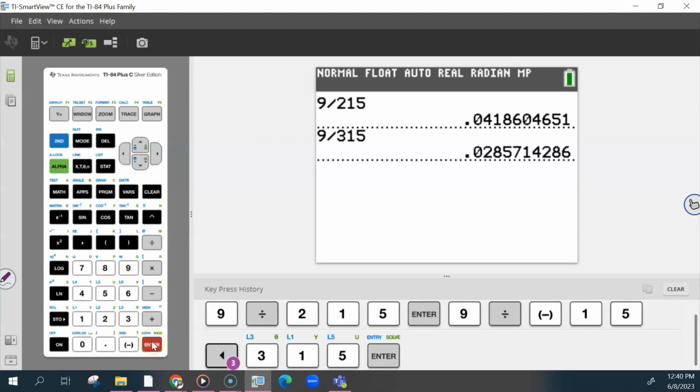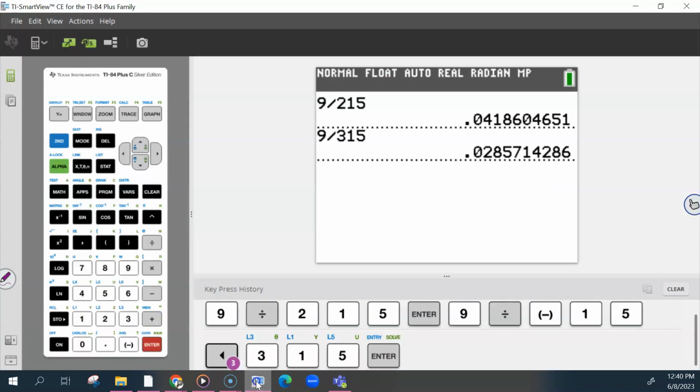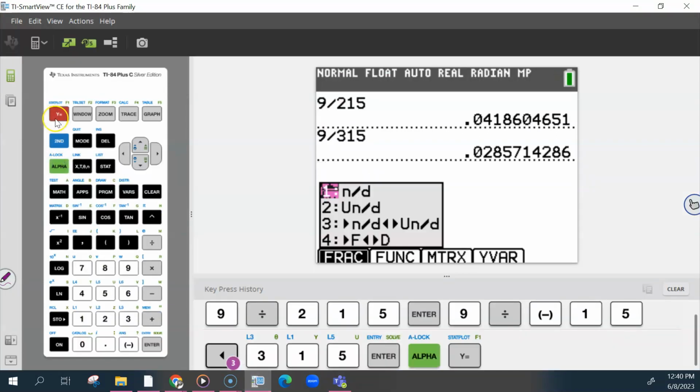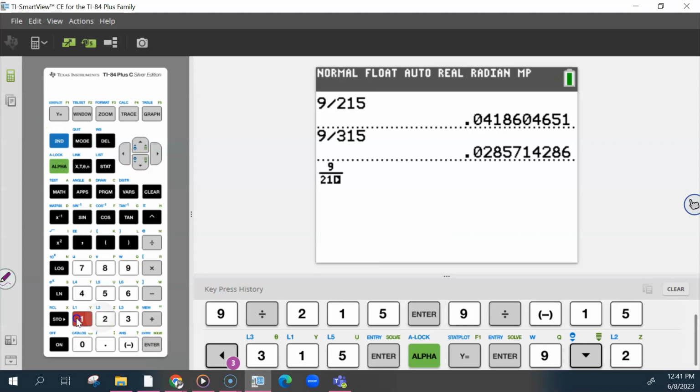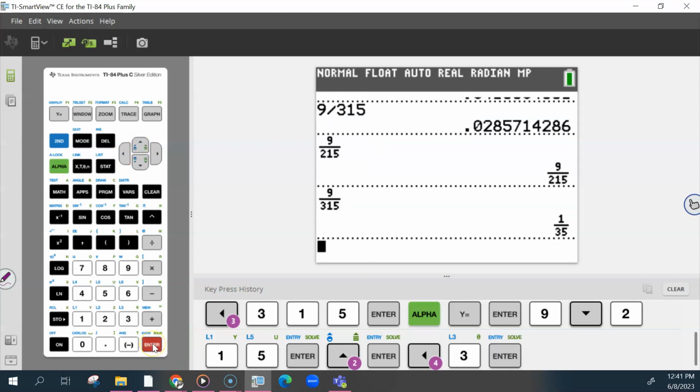I was going to say can you simplify it, but I put 15 instead of 315. Okay, so we have our K value. Now we're looking for how many gallons, G or Y. Wait, can you simplify it to 1 over 35? That's possible.